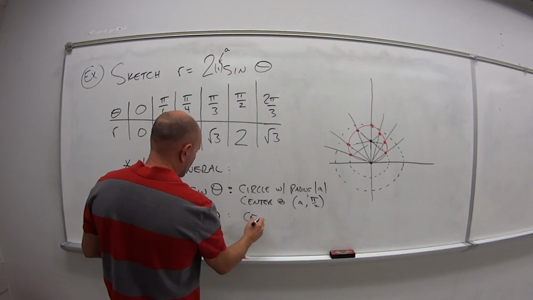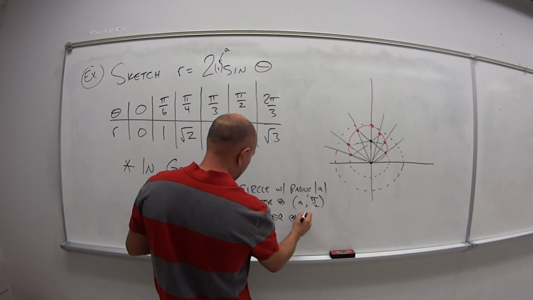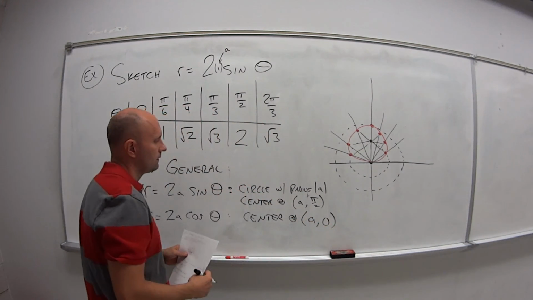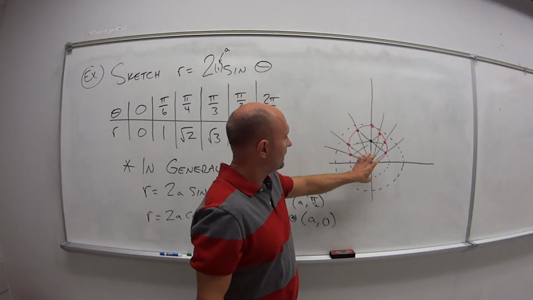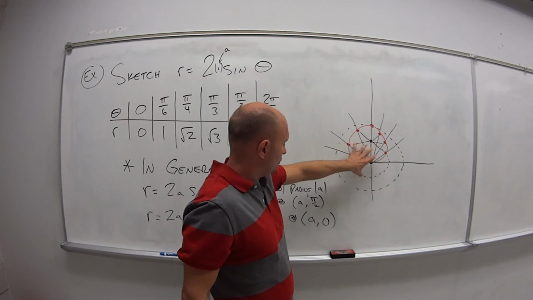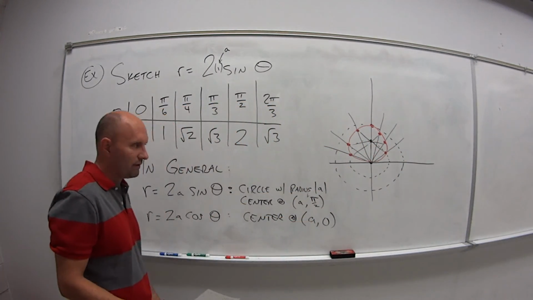But the center is at the point a and 0. So instead of shifting upward on the axis to pi over 2, we're actually going to move right or left depending on what our value of a is.